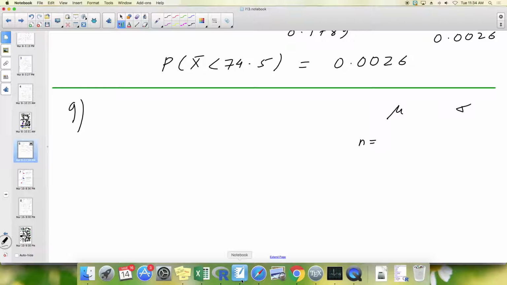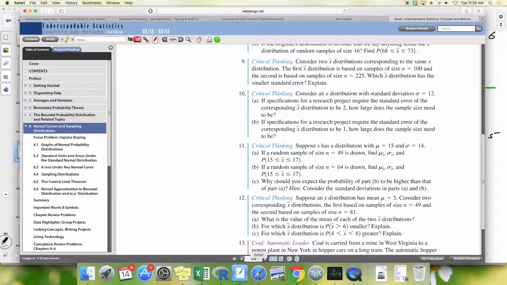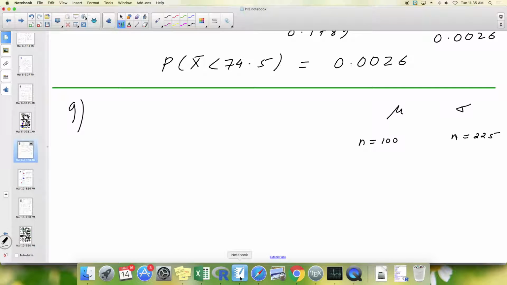So n equals 100 versus n equals 225. They are asking which x bar distribution has smaller standard error. This is a term which you will be hearing more often now.